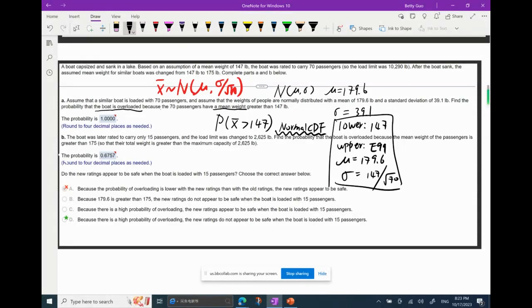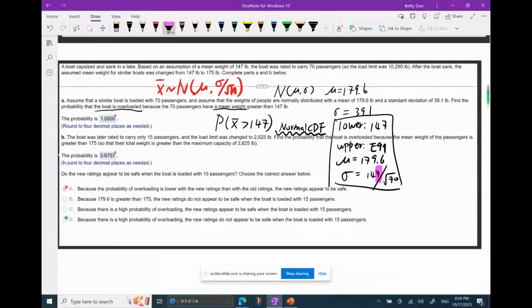Let me double check. Second vars, normal CDF, mean is bigger than 147. It is 179.6. Oh, I entered a wrong number. I'm sorry. Sigma, I entered 100. I thought that was a 9. That's a 7.